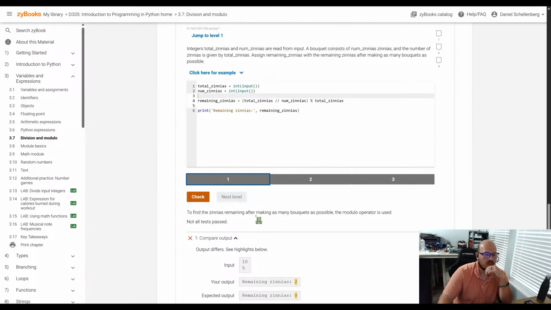To find the zinnias remaining after making as many bouquets as possible, the modulo operator is used. So is it saying that it wants the modulo instead of the floor division?